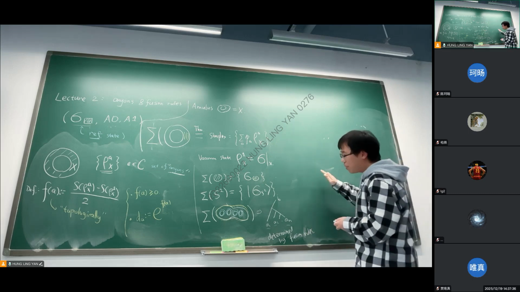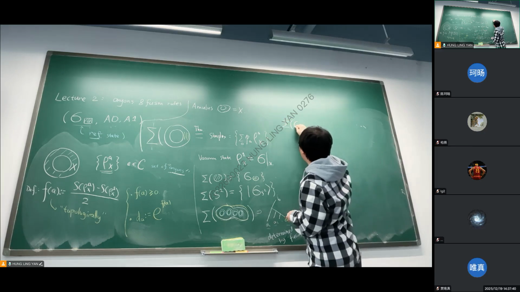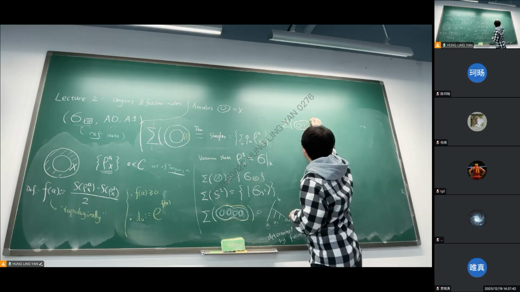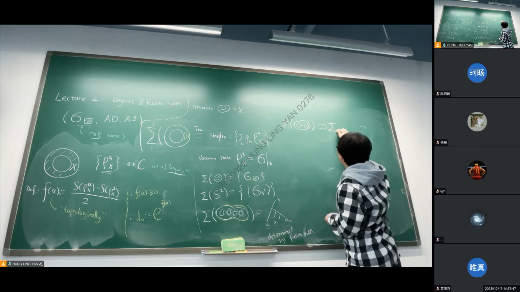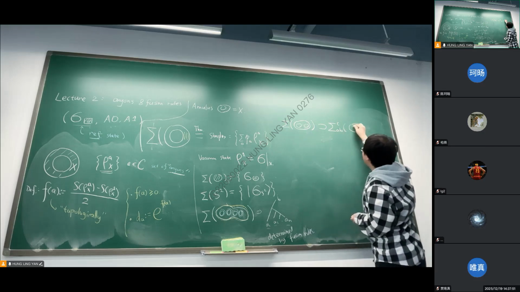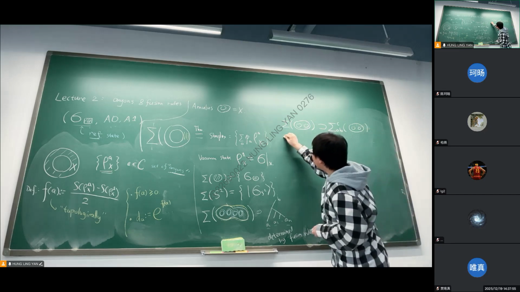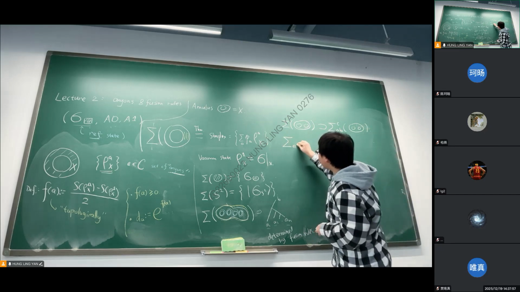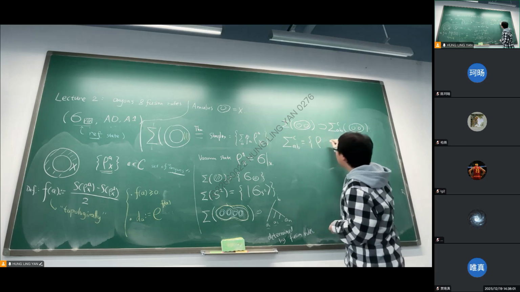And the most fundamental one will be the two-hole disk. This one has subsets. What's the definition of the subset? The subset is a convex set. And you have a state.